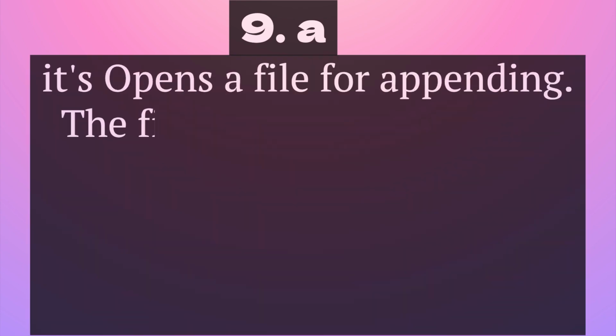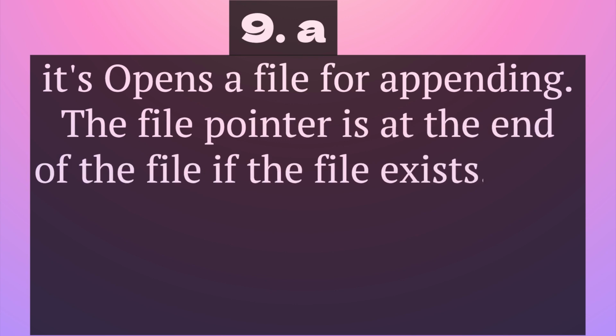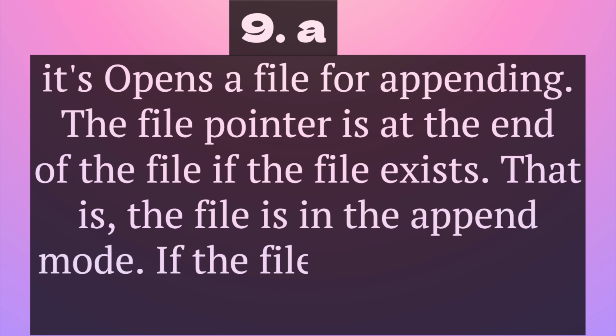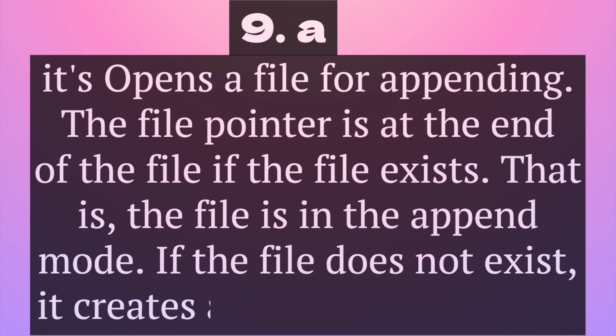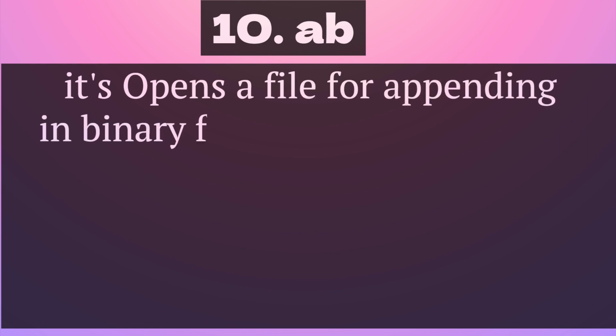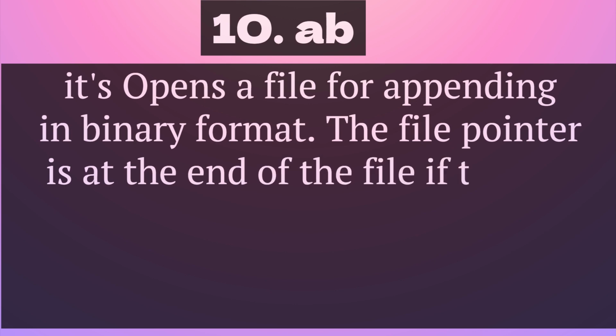9. a. It opens a file for appending. The file pointer is at the end of the file if the file exists. That is, the file is in the append mode. If the file does not exist, it creates a new file for writing. 10. ab. It opens a file for appending in binary format. The file pointer is at the end of the file if the file exists.